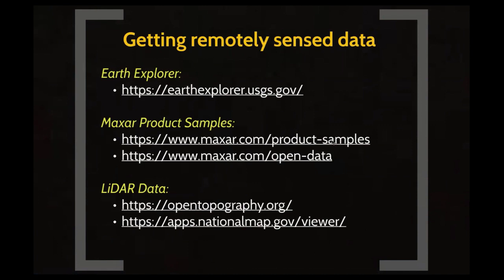The first link is their data samples, and the second link is their open data for disaster management. For those of you interested in doing more LiDAR, we have OpenTopography. We also have The National Map for areas within the United States.